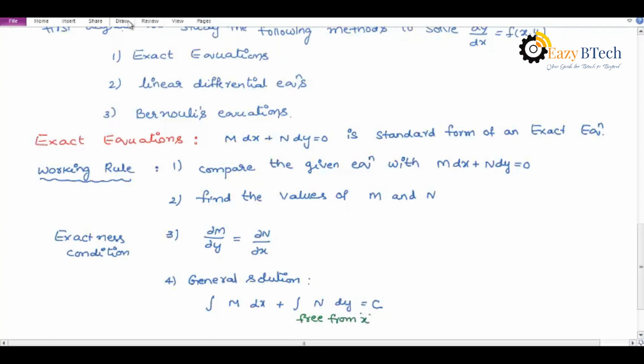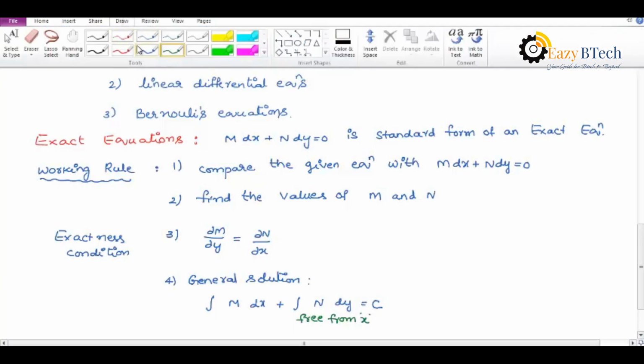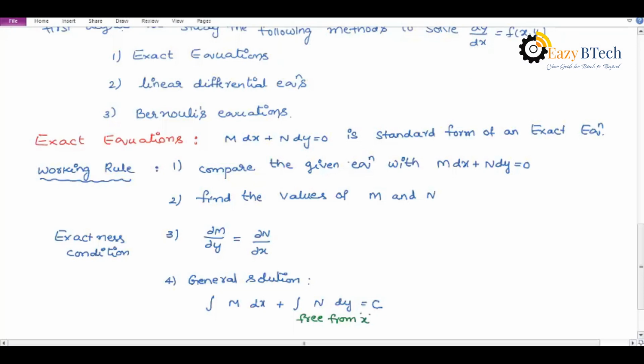So what is an exact equation? If the given equation is in the form M dx plus N dy is equal to 0, satisfying the condition dou M by dou y is equal to dou N by dou x, then the equation is said to be an exact equation.